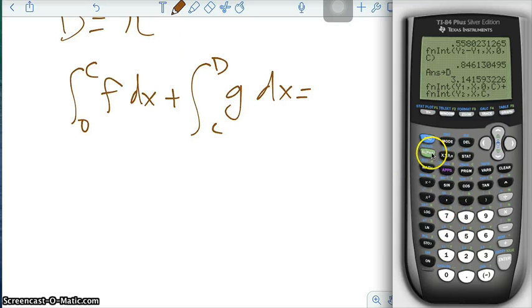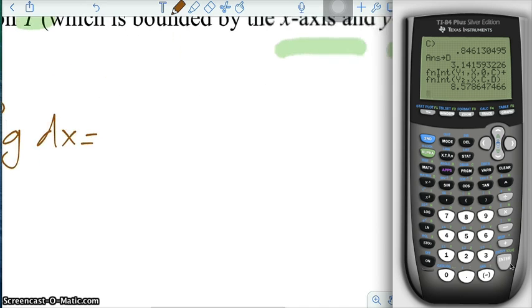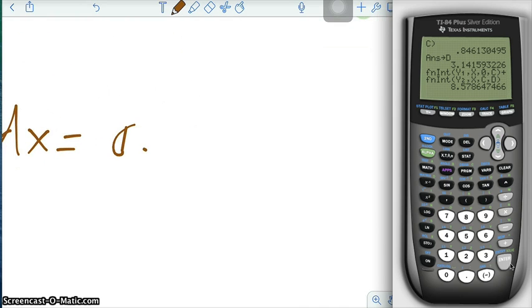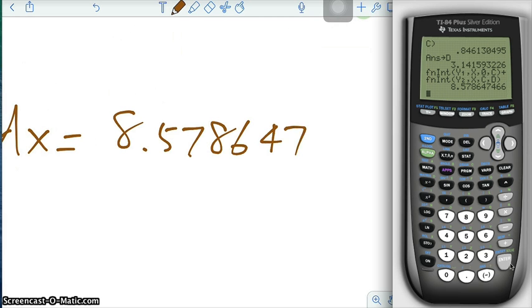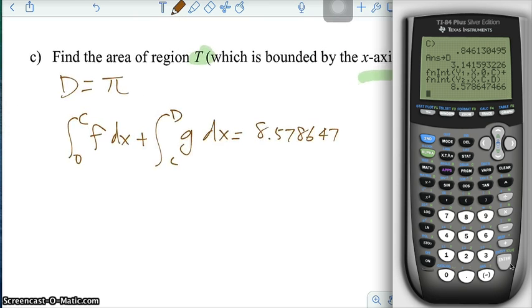Comma again, upper boundary D. Close the parenthesis and push enter, and you will find the answer equals 8 point something. Let's write that down. Answer 8.5, oops, that is not a very pretty 8. 8.57864. 7. That will be the answer for T.